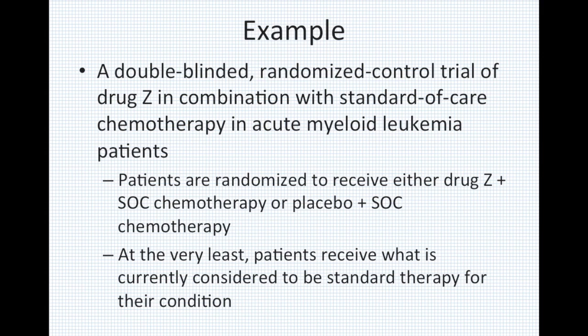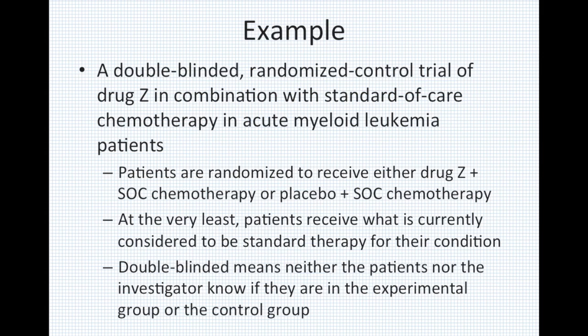This is extremely important ethically, which we will go over later. Double-blinded means neither the patients nor the investigator know if patients are in the experimental group or the control group. And this is so that all patients are treated exactly the same.